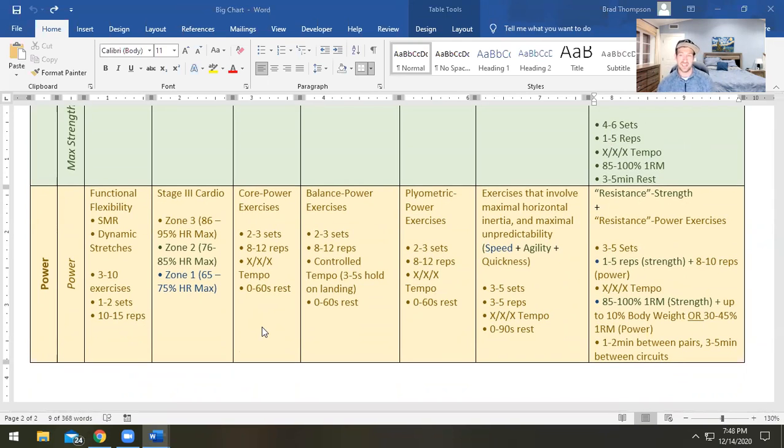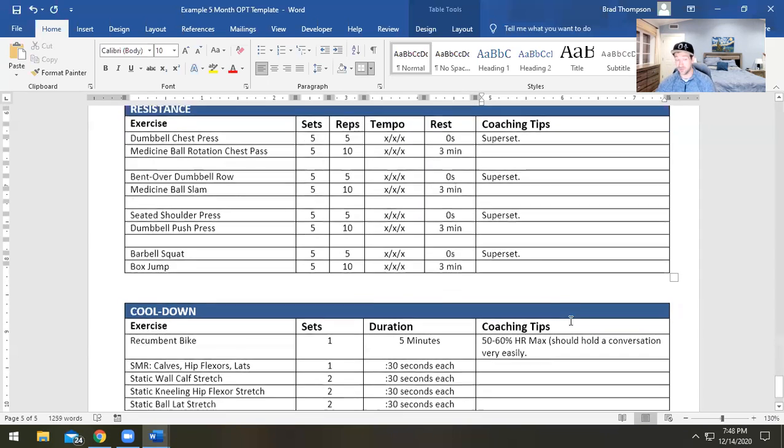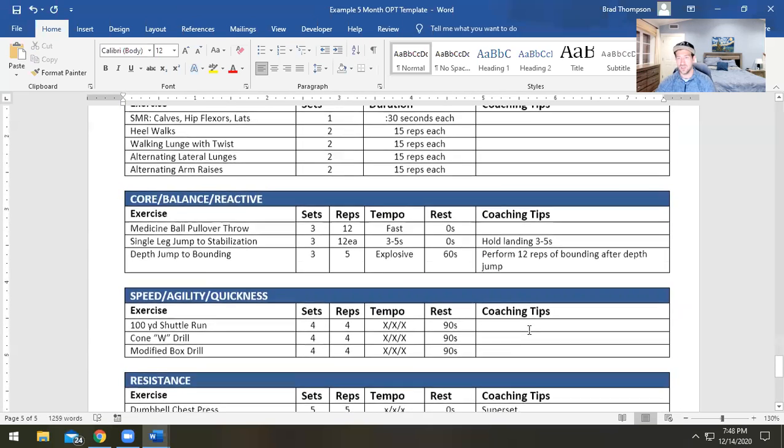Me personally, I honestly just like taking 0 seconds and then 3 minutes, like it says. So superset, 3 minutes. It was in the wrong place. So we're gonna do it just like this. And that is our power routine. And then again, stack stretches, just like every level.